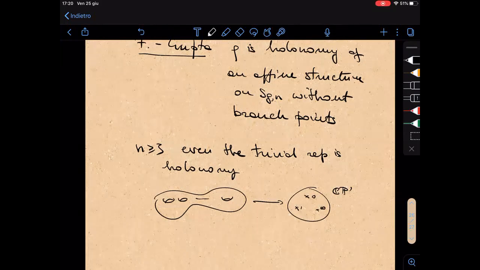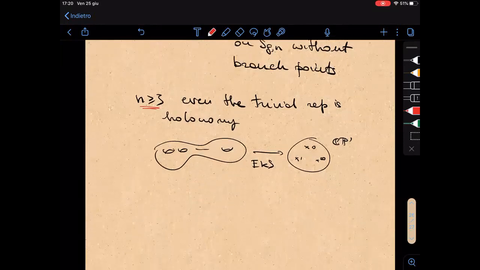And this comes from some work of Edmonds, Kulkarni, and Stong. So if there is a branched covering from a surface of genus g to the sphere, there are at least 3 branch points that we assume to be 0, 1, and infinity. And so when n is 2 or 1, if you suppose the existence of a structure with trivial holonomy, then you get some contradiction. That's the reason why for the trivial representation, we need to assume n is at least 3.